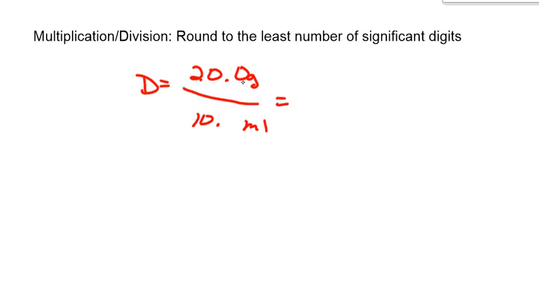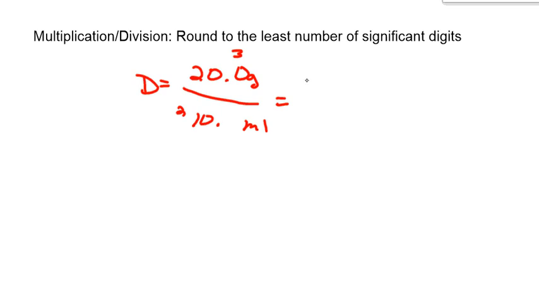That 0 ends the number but follows a decimal, so it must be significant. That 0 is sandwiched, so 20.0 has 3 significant digits. This one's 10., so the 1 and the 0 both count because I put a decimal in there to indicate that that 0, which does not follow a decimal point, is significant.